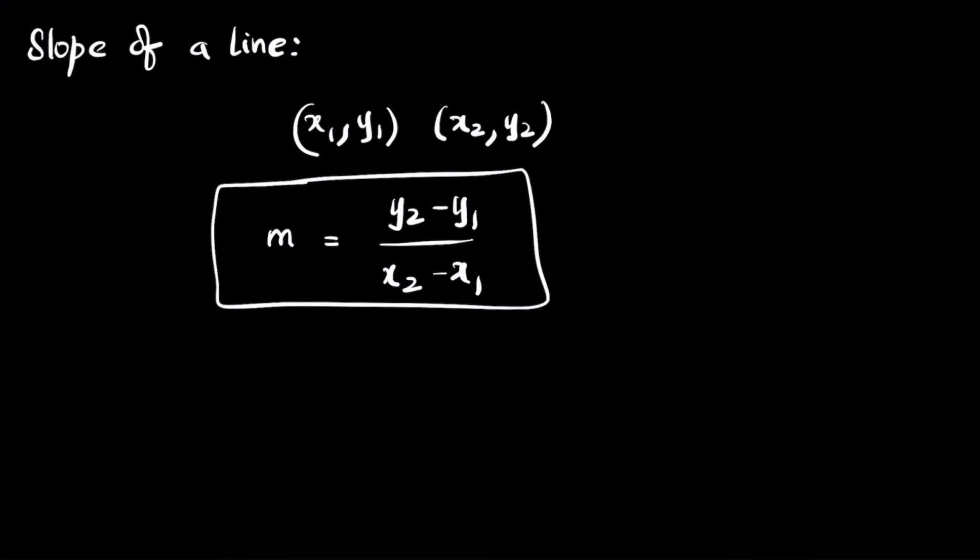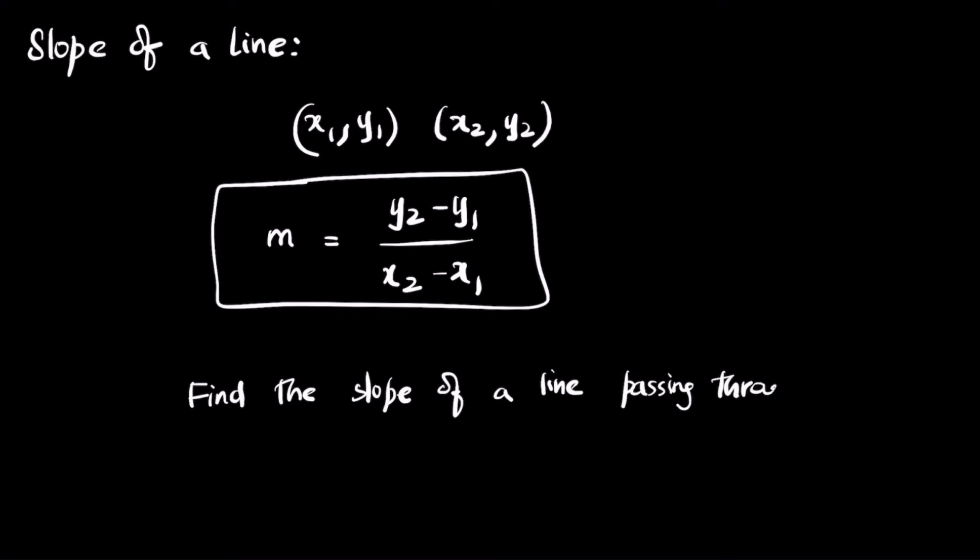So let's say we have 2 points. So now try the problem. Find the slope of a line passing through 2 comma minus 1 and minus 5 comma 3.